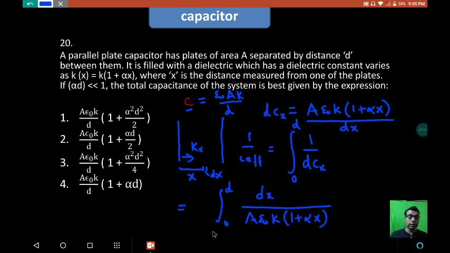Now what is the value? Let us move to the next page. What is going to be the next value for this? This is 1 upon C effective.